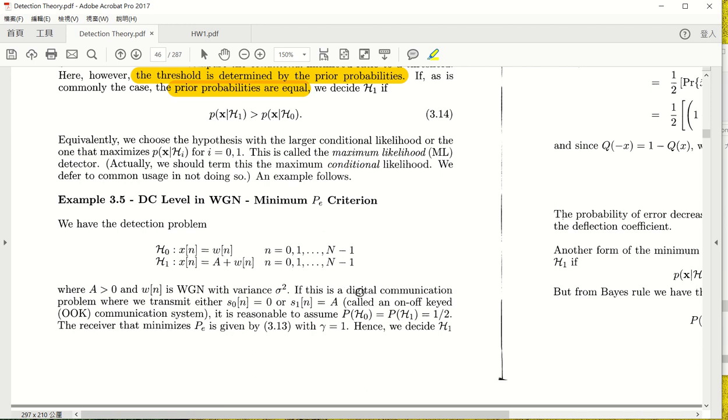But if this is a digital communication problem and we send signal 0 or A like this, then, of course, the terminology is on-off keying, or OOK, communication system. Then it would be reasonable that we assume prior equal to 1/2, right?